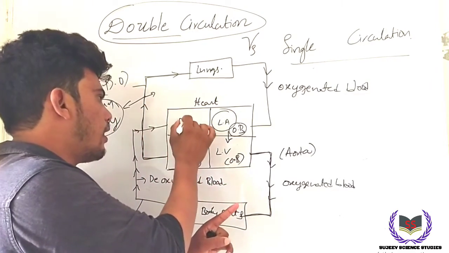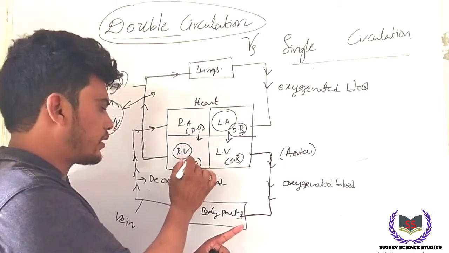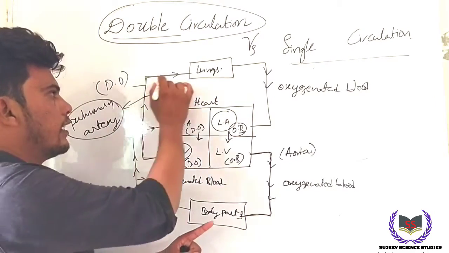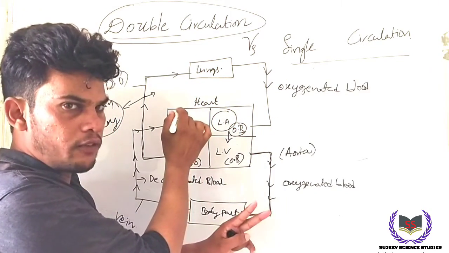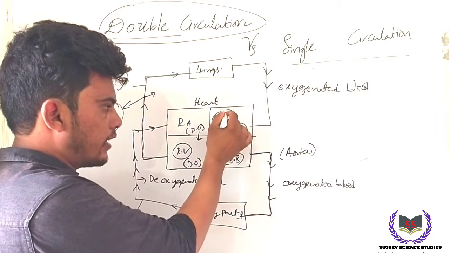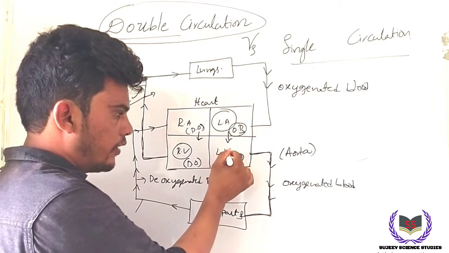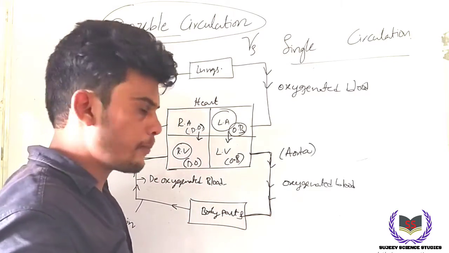Then from the right atrium to the right ventricle, the ventricles contract, the deoxygenated blood goes to the lungs, and from the lungs again to the heart. Two times the blood flows to the heart. Then the left auricle contracts and blood goes to the ventricle. Then the ventricle contracts and blood again goes to the body parts.